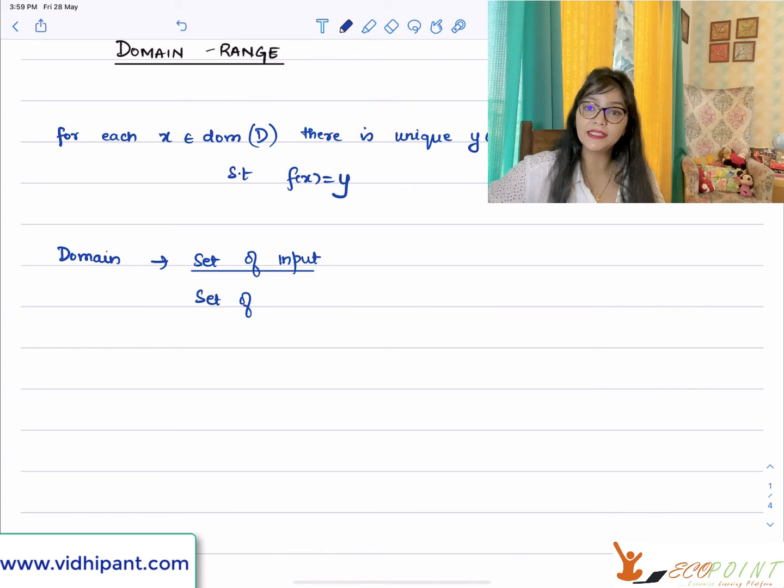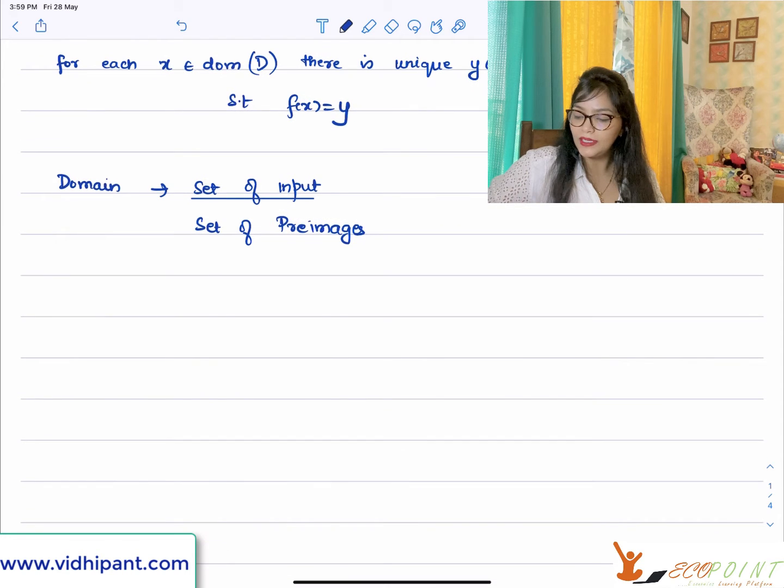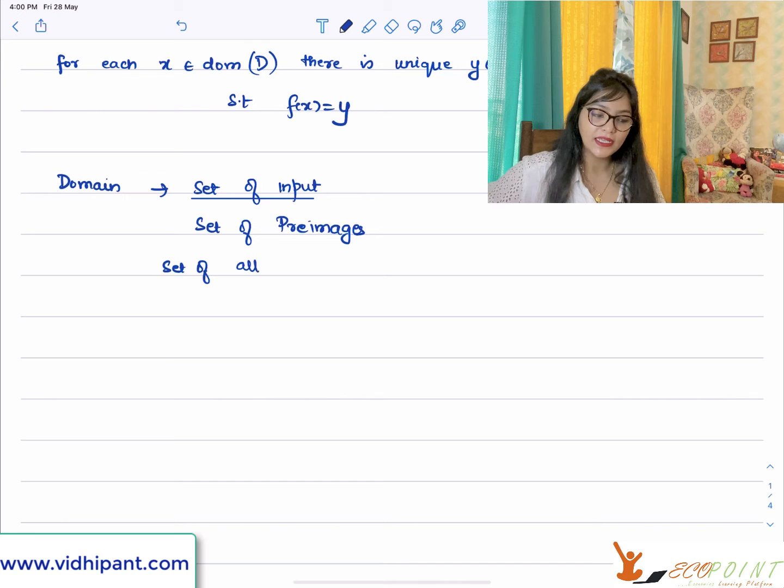Idle means an element for which you don't have an image. So the domain set is essentially the set of pre-images, those x which will have an image. So domain is the set of all pre-images. It's the set of all x for which the function is defined.